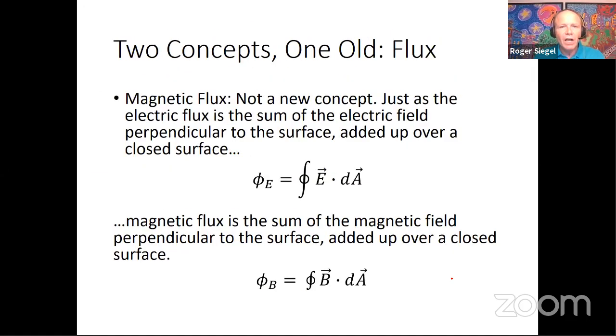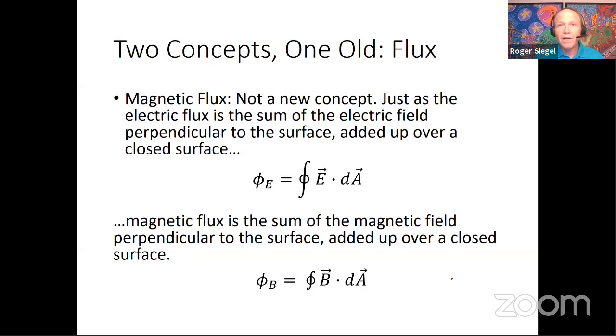Okay, so there are two concepts that we've got to get our brains around that are going to allow us to understand electromagnetic induction, or generating electricity. And those two concepts are first magnetic flux and then magnetic induction. Now, flux, I hope you remember the word flux, not just from the flux capacitor in Back to the Future, but hopefully earlier in the year, you studied flux and you learned about electric flux, okay?